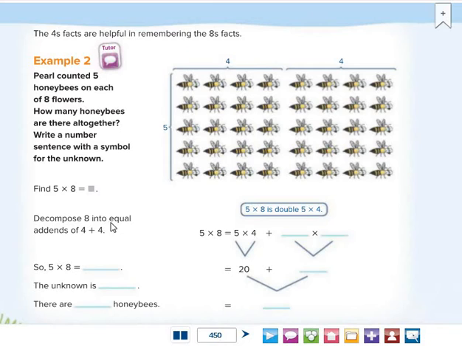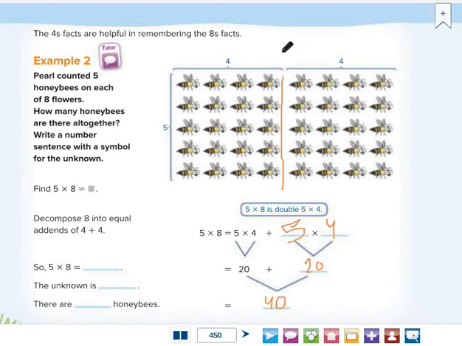If we decompose 8 into equal addends of 4 plus 4, so 5 times 8 equals 5 times 4 plus 5 times 4. So 5 times 4 equals 20, plus 5 times 4 again equals 20. So 20 plus 20 equals 40. We find it easily when we decompose the large fact into 2 smaller facts.